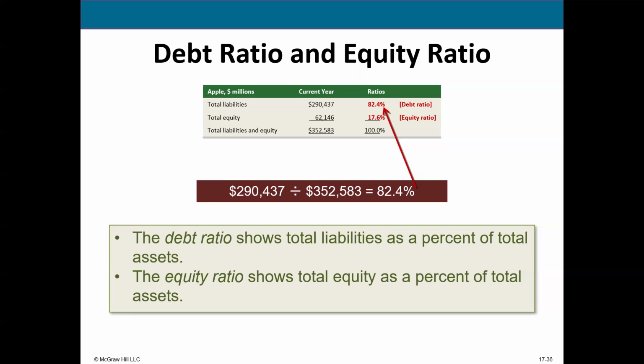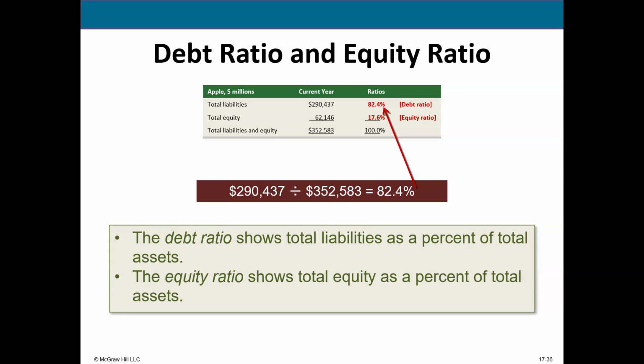For the company, that means that they have a 17.6% equity ratio. And just as before, we're going to take the total equity, 62,146, divided by the 352,583, giving us the 17.6%.